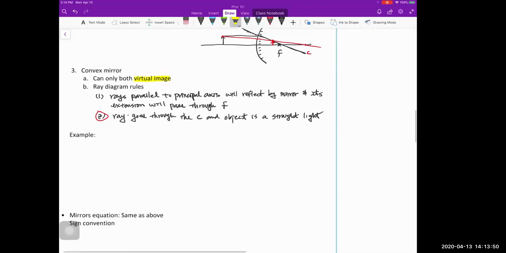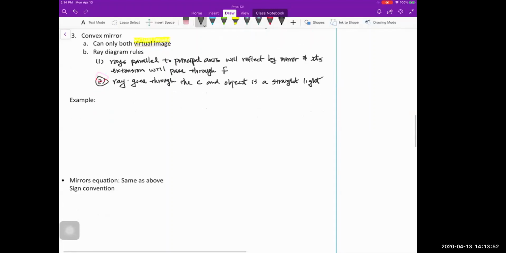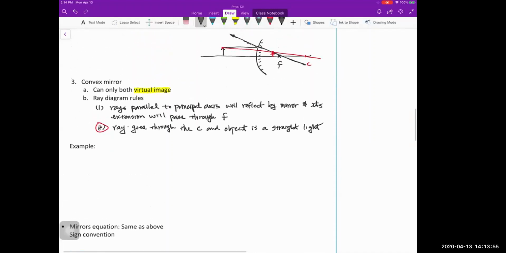Now, you can also use the same equation that we showed you before. This is a convex mirror. The same equation: 1 over dO plus 1 over di equals 1 over f. The f is negative because it's on the back, not on the same side as the object. The dO is positive; the object is always positive. It doesn't make sense to put the object on the back of the mirror.